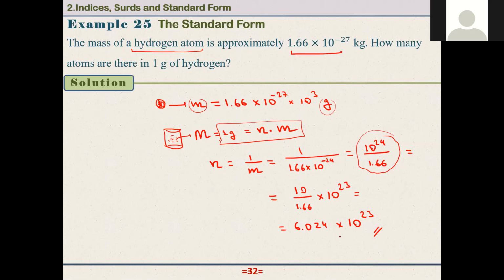Of course, in the exam they mention everything exactly. For example, leave your answer correct to 3 significant figures or 4 significant figures, or write your answer in standard form and leave it to a certain given precision. But here nothing is said, so we are just leaving our answer like this.